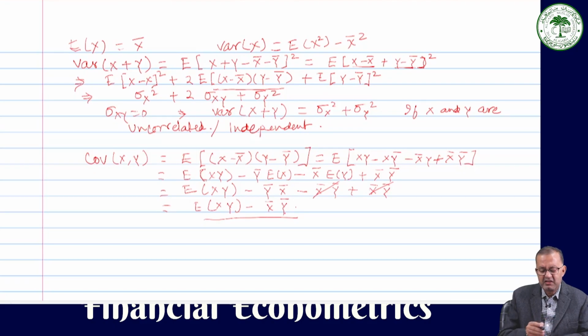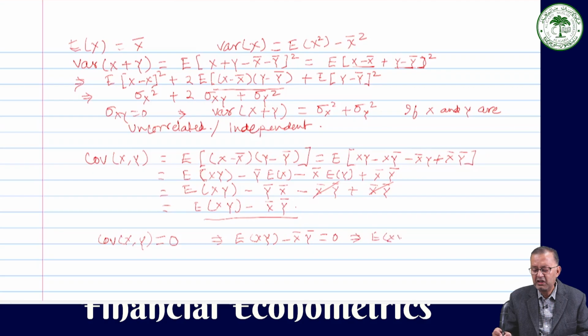If there is no relationship between x and y, then the expected value of xy minus x bar y bar is equal to 0, or expected xy is equal to x bar y bar. Then the return on one asset is completely uncorrelated with the return on another asset. We cannot say anything about this.